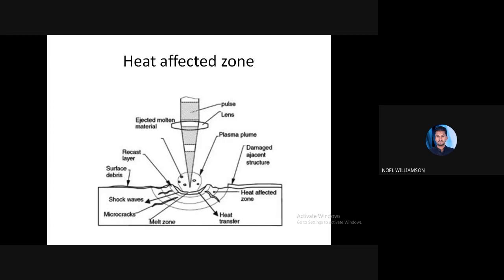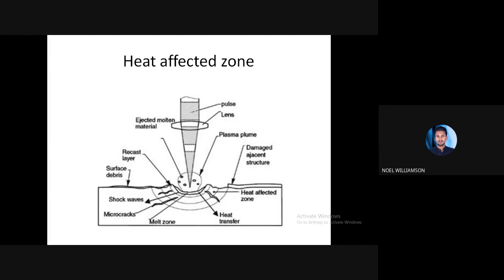Now, regarding the heat affected zone, we have already said that this is a highly localized or highly focused operation. Even though temperature is generated, in any machining process where temperature is involved, there should be some heat affected zone.